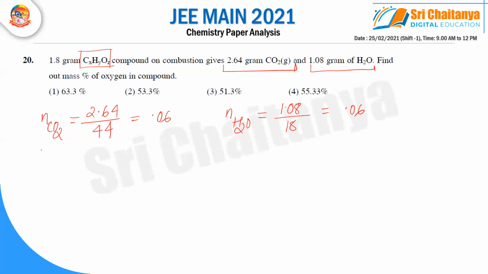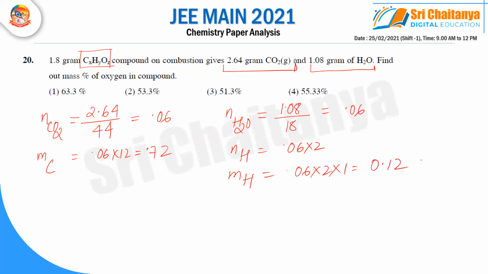Now from here, we can get the moles of carbon, which will be the same. Then we can get the mass of carbon, which will be 0.06 multiplied by 12, and that will be 0.72. Here we can get the moles of hydrogen atom, which will be double of this. So moles of hydrogen atom will be 0.06 into 2. Now we need to find the mass of hydrogen atom, that is 0.06 into 2 multiplied by 1.